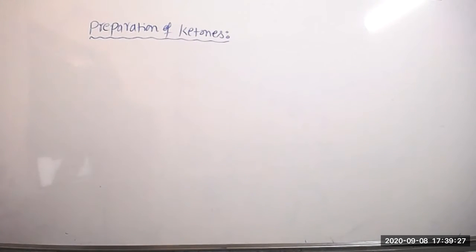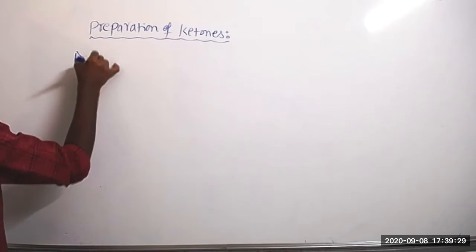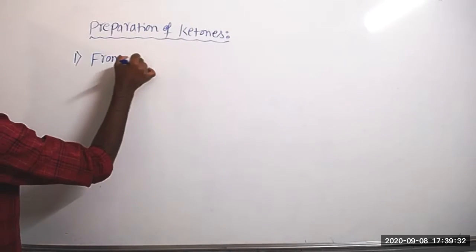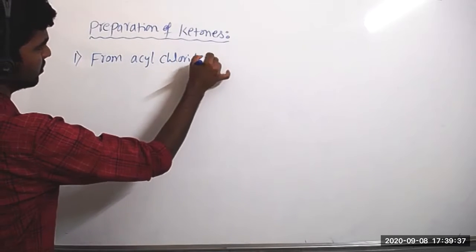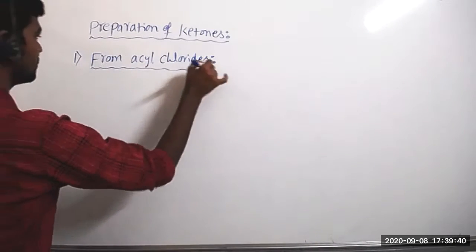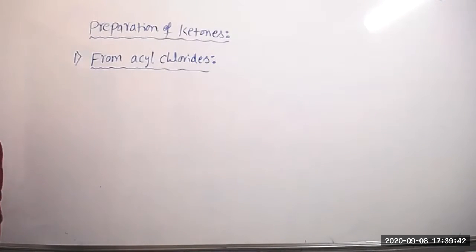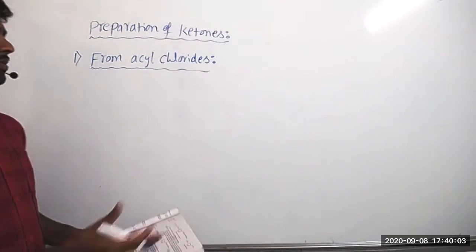See the first one, from acyl chlorides, or any acyl halides also. This is a very simple reaction. Treatment of acyl chlorides with dialkyl cadmium gives ketones.